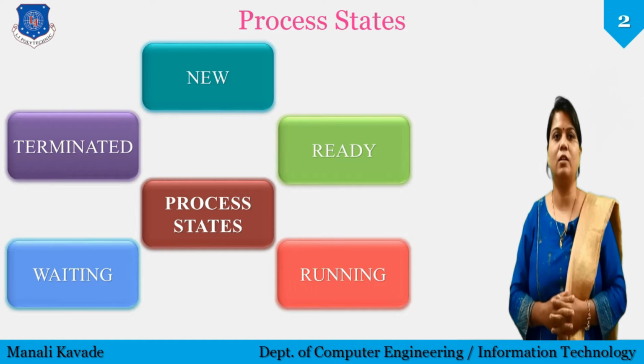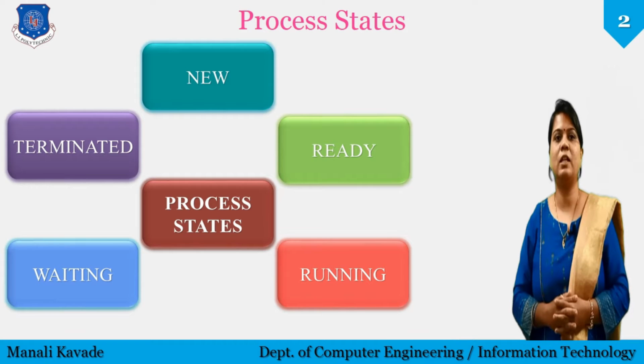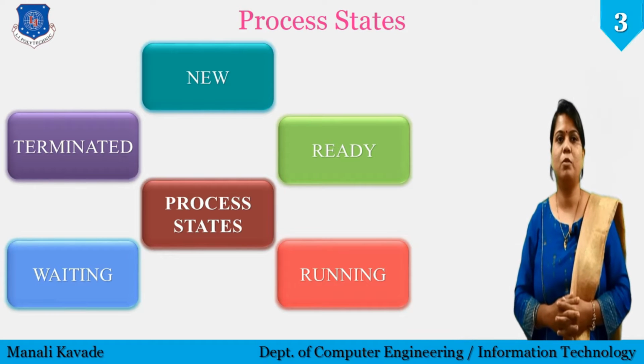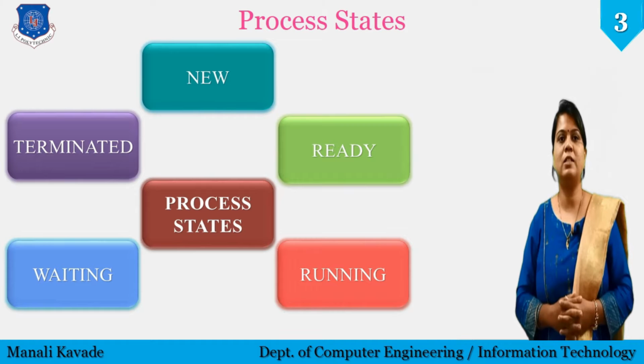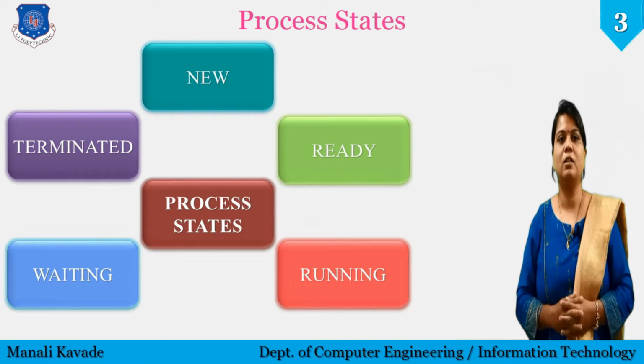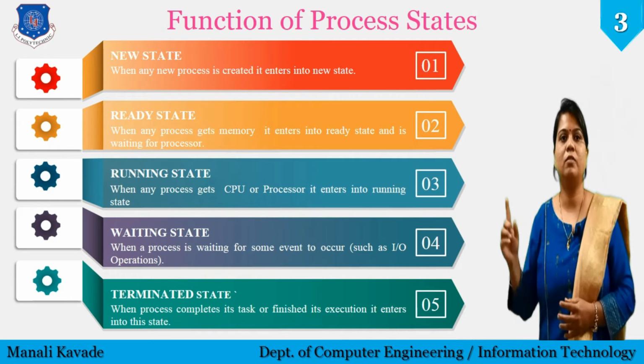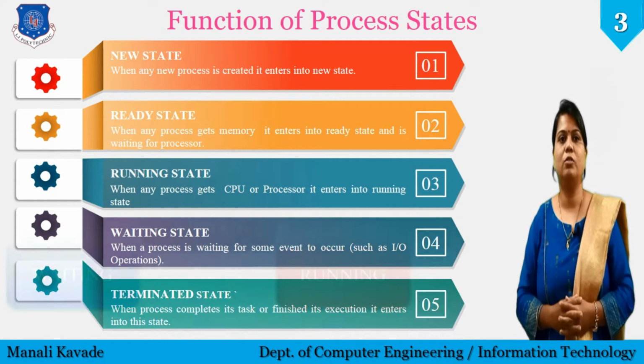As you can see over here, each process may be in one of the states during its lifespan. Process changes its state during its execution. A process state indicates current activity of a process. So now we will see the functions of these states.